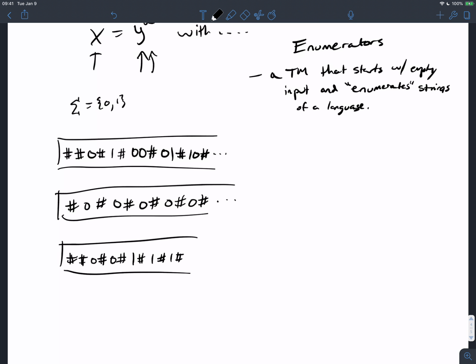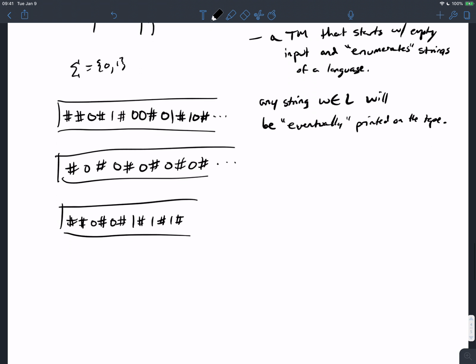So what we want here is that any string w in the language will eventually, in some sense, be printed on the tape. So if I picked string 1001, then for this machine, it may take a really, really long time before this string is printed, but it'll eventually be printed.